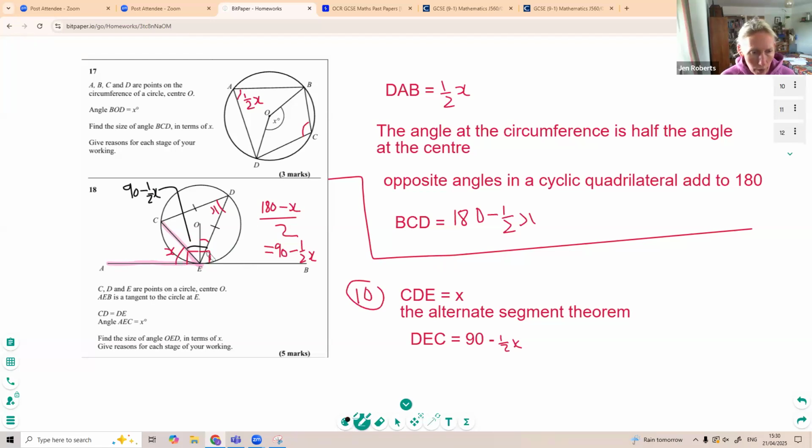Right. I want OED. Also, this one here is 90 minus half x, right?